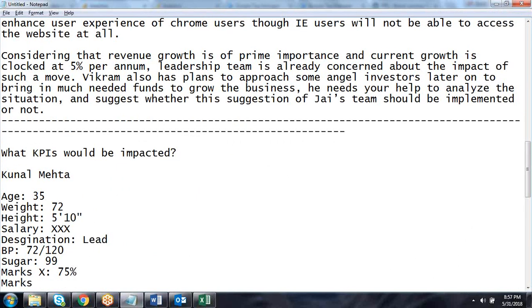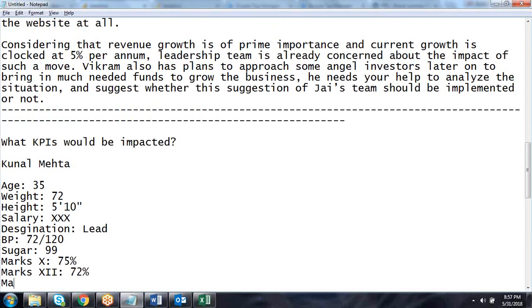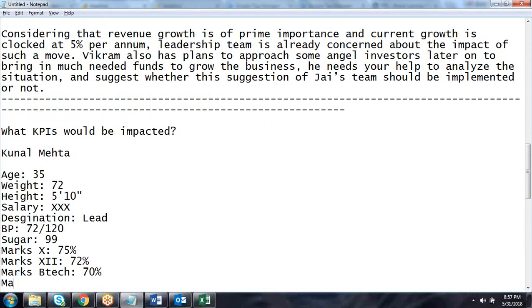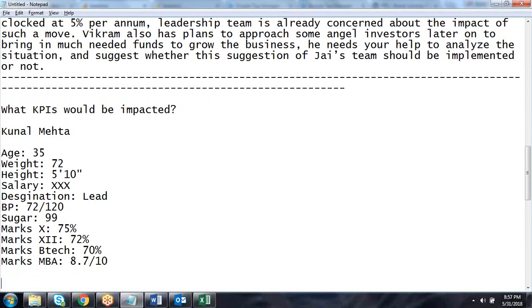Marks in class 12th, 72%. Marks in BTech, 70%. And then marks in MBA, 8.7 GPA, right? There are a lot of metrics associated with me.